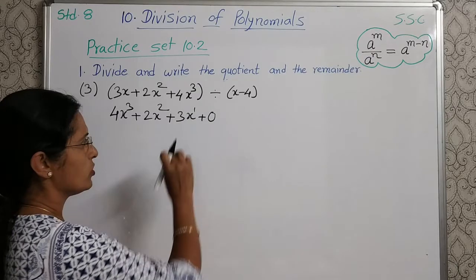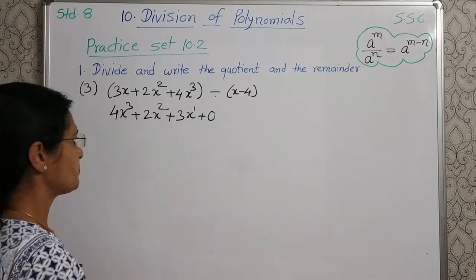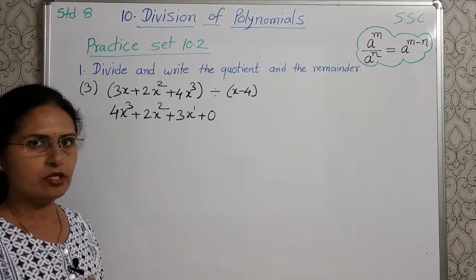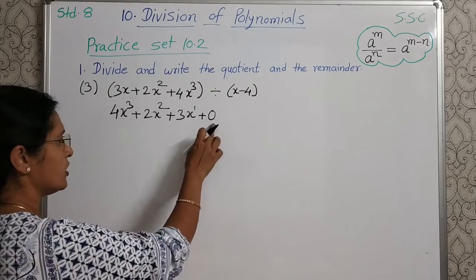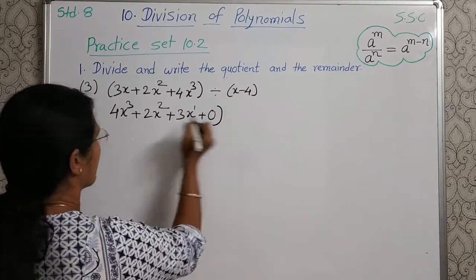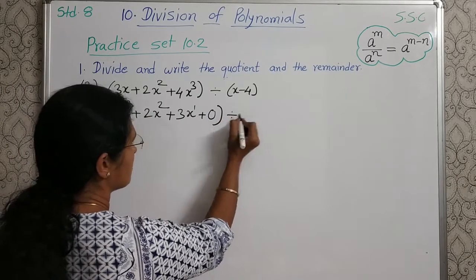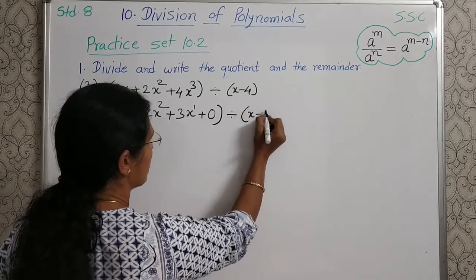So here 0 is the last term. So this 0 is the coefficient for x raised to 0. We keep this coefficient only and divide it by x minus 4.